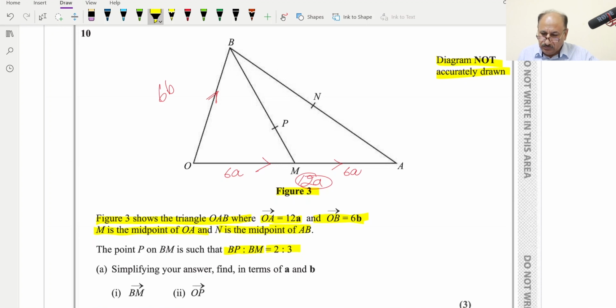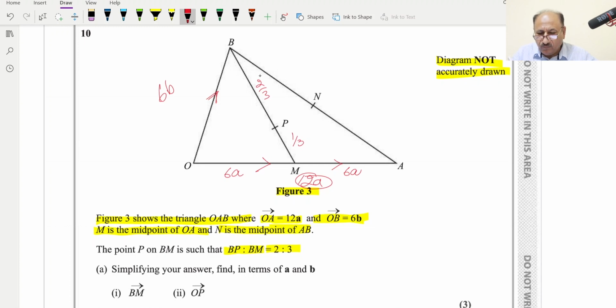So BM is divided into three portions: 2/3 is this portion and 1/3 is this portion. So next information provided: simplifying your answer, find in terms of a and b.